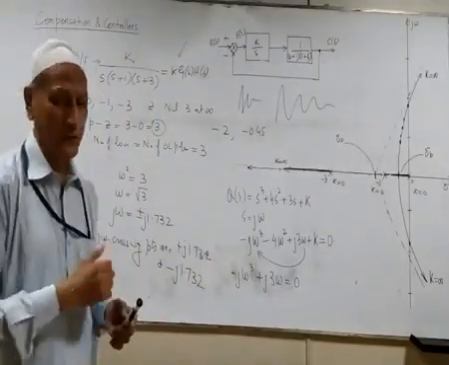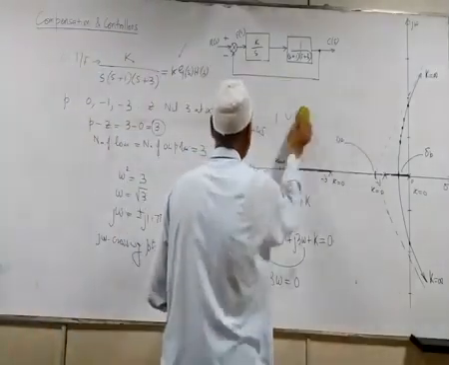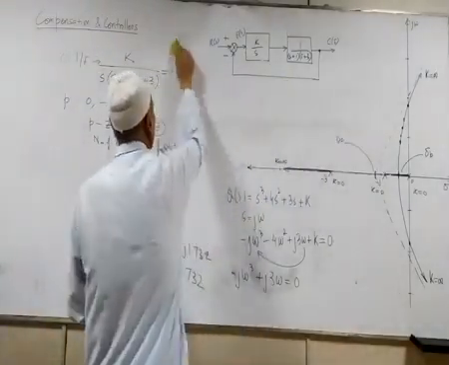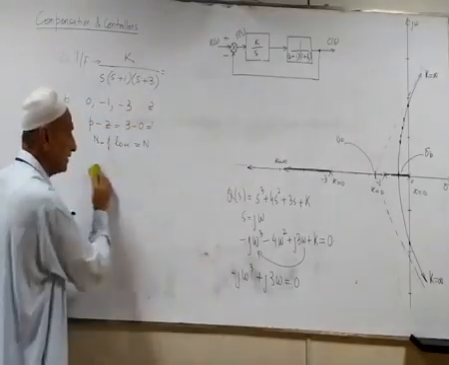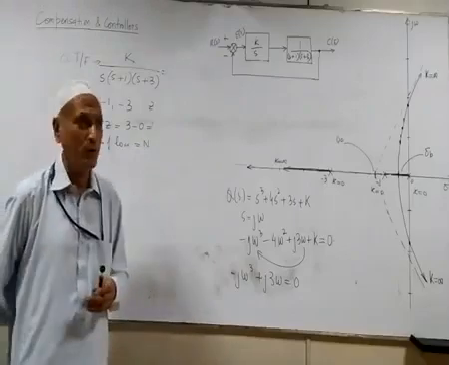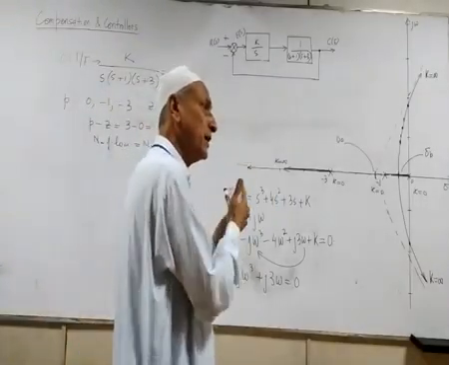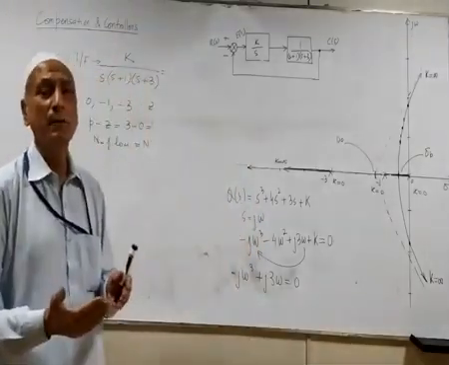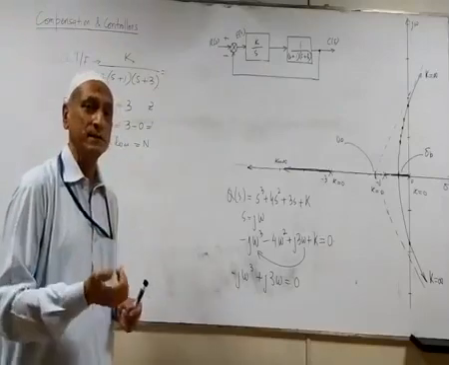So let's conclude something, and the conclusion is very simple. If we incorporate a derivative controller, this will improve the transient response, that is shifting the root locus towards the left. So it means the system will become more speedy in rejecting the transient or disturbances.